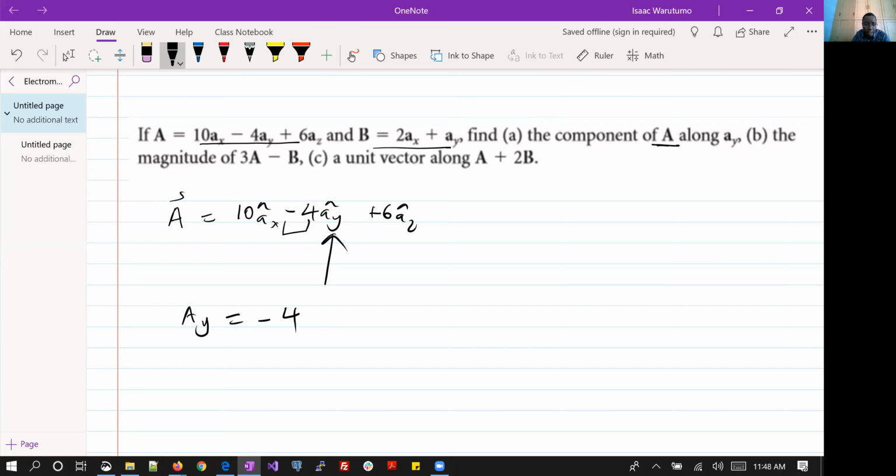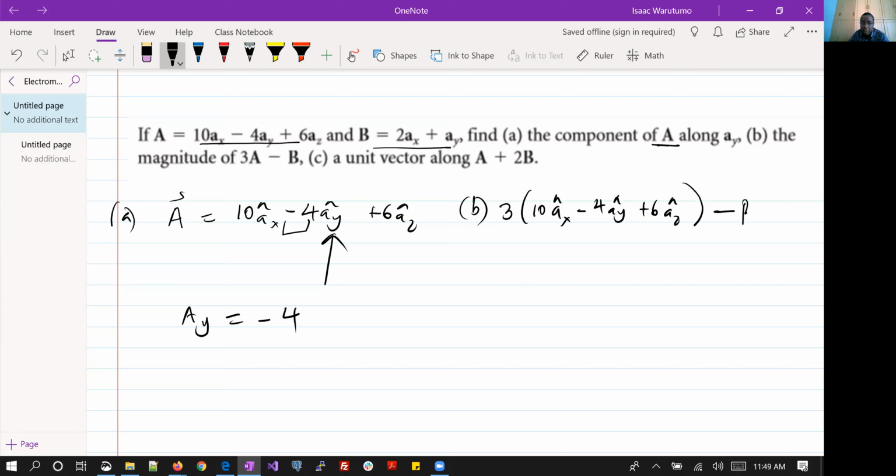Now that is part A, and you want to do part B. The question is asking the magnitude of 3A minus 3B. The magnitude of 3A minus 3B would be 3 times 10AX minus 4AY plus 6AZ, then you say minus 3B.